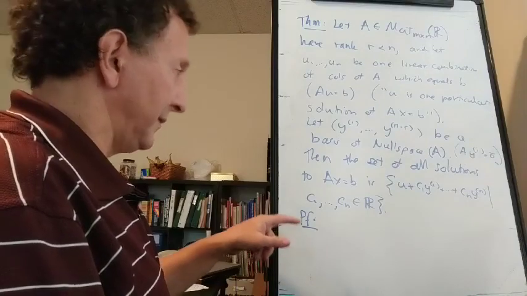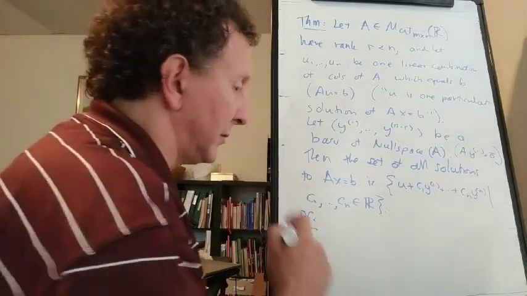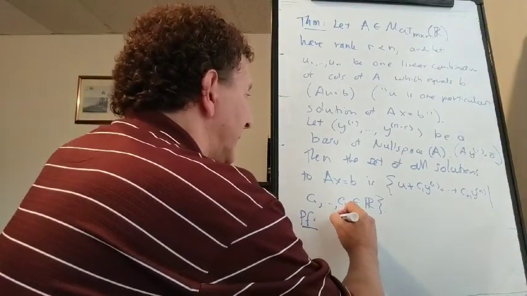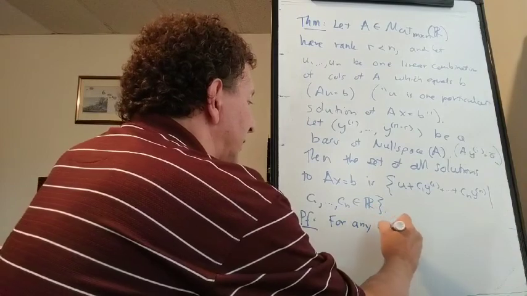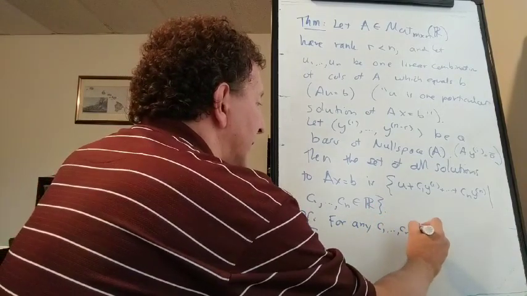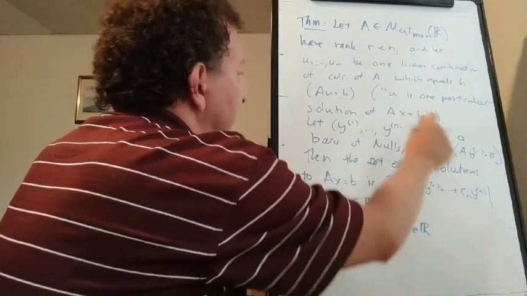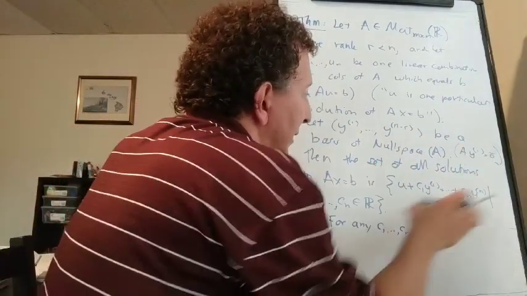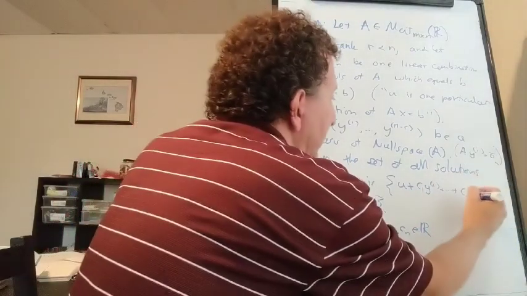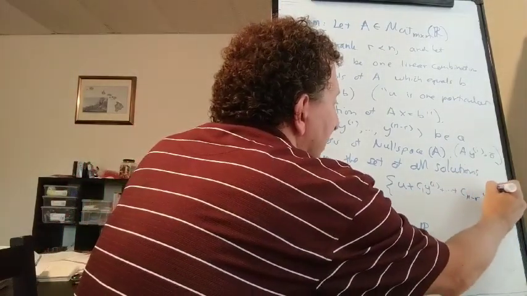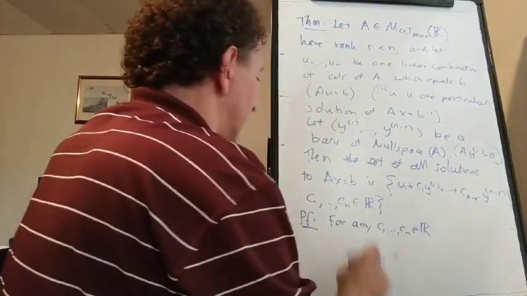So to see this, well, it's certainly easy to see that this is one solution. For any C1 through Cn, oh, actually, we have n minus r of these vectors, so the coefficients should be C1 up to C n minus r, for the basis elements up to y n minus r.